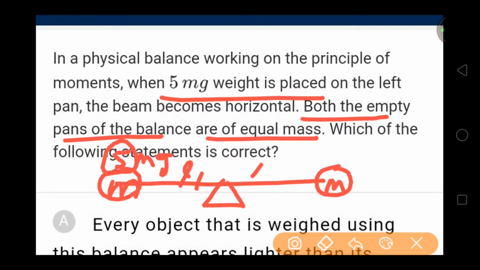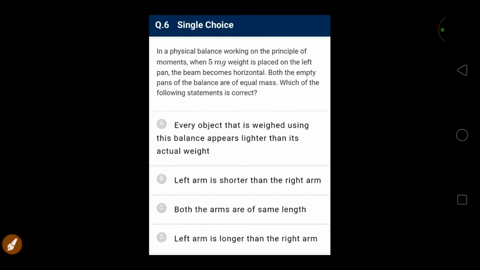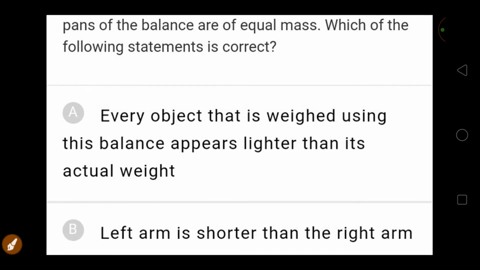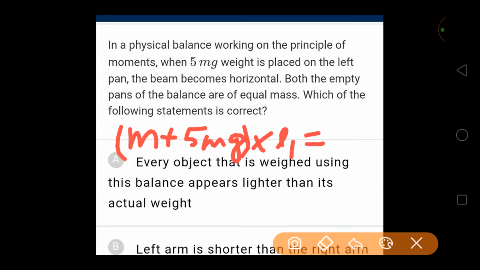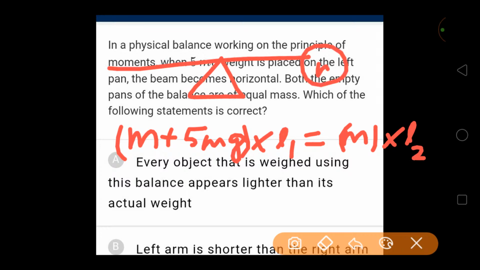It is L1, it is L2. So (m plus 5 milligram) into L1 is equal to m into L2, because here only m, here m plus 5 milligram.